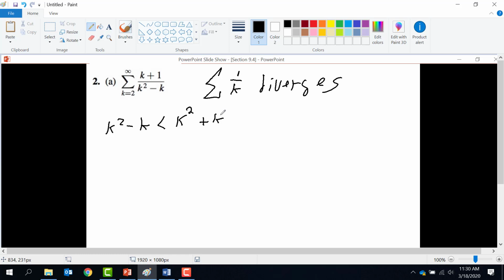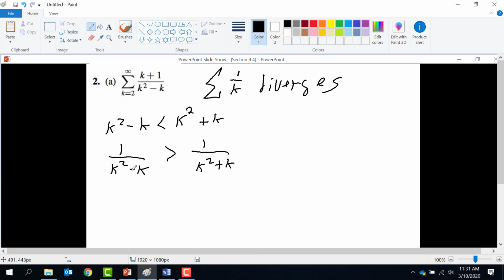The reason why I came up with k squared plus k is because we're going to bring in this k plus 1 here in a little bit. And so in order to cancel that out so that I can get back to 1 over k, I decided to compare it to not k squared, but k squared plus k. So then when I flip it, 1 over k squared minus k is bigger than 1 over k squared plus k.